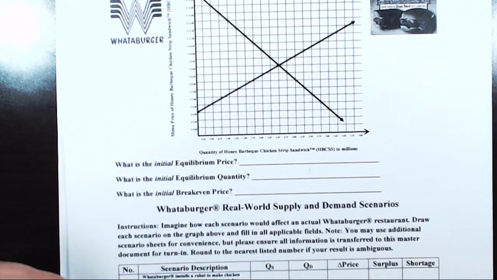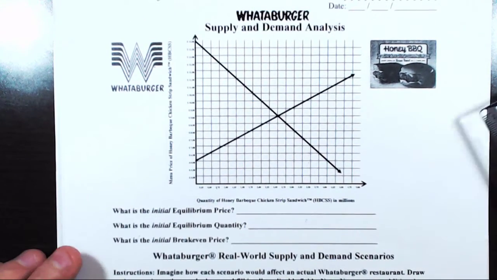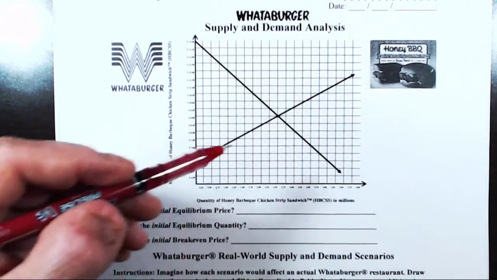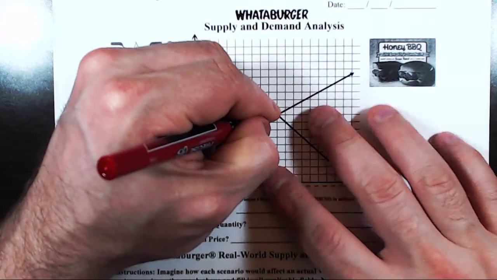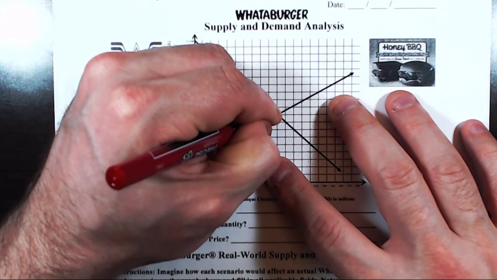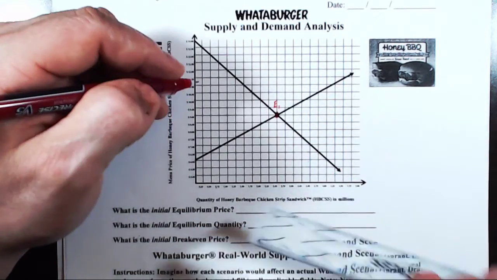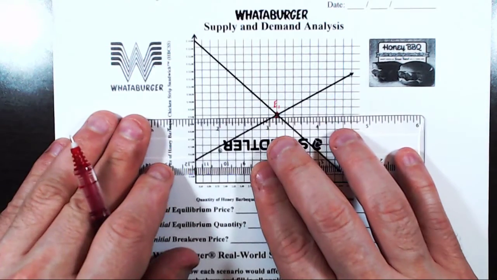Put that aside, and we're now back to a blank sheet of paper for scenario 2. So I'll very quickly relabel a couple of points. This was my initial equilibrium point, and my initial price was 9.